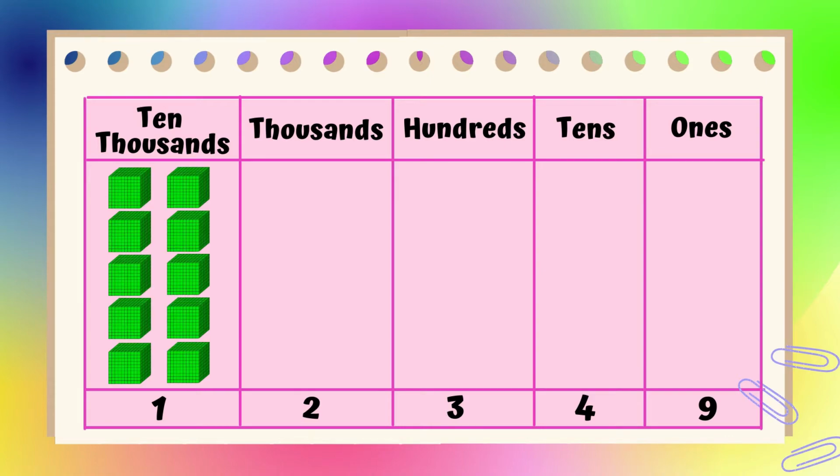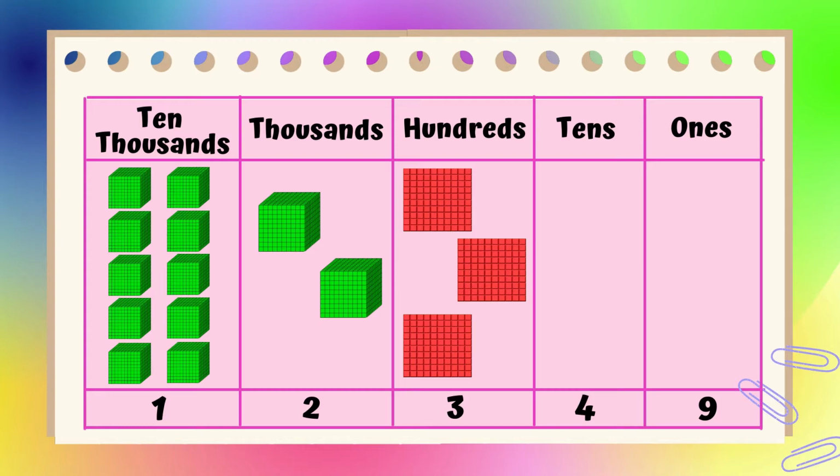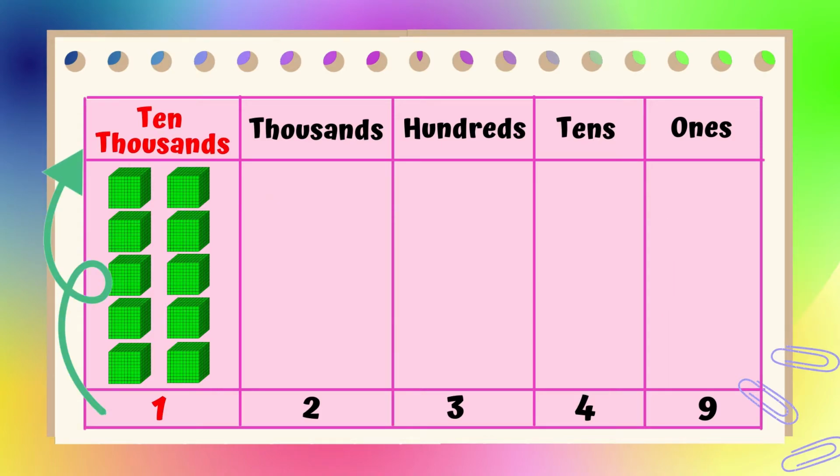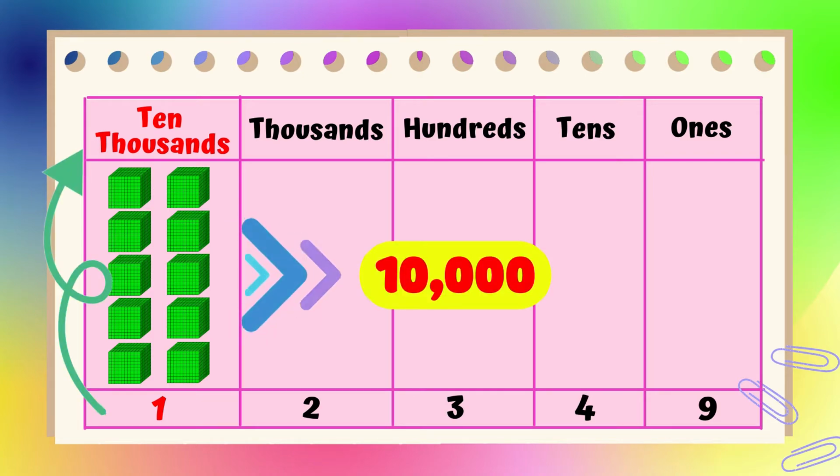There are 1 10,000, 2 1,000s, 3 100s, 4 10s, and 9 ones. Did you notice the place value of each digit? The place value of 1 is in the 10,000s place, which has a value of 10,000.